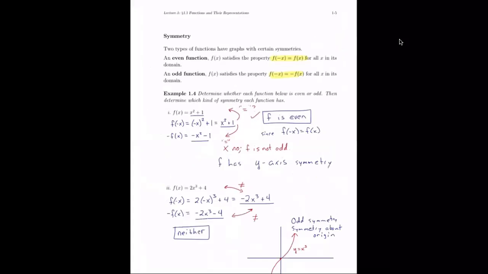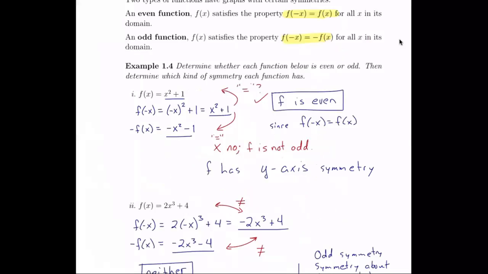So the example here asks us to determine whether each function below is even or odd, then determine which kind of symmetry each function has. Remember, the game for this is to write the function f of x down. We have f of x equals x squared plus 1. We're going to do a check. We want to see f of negative x, so we do that one first.